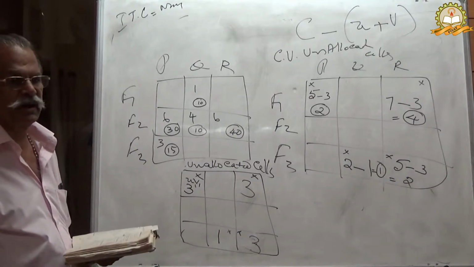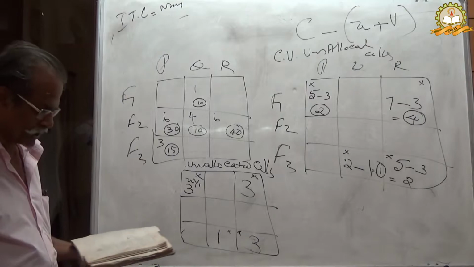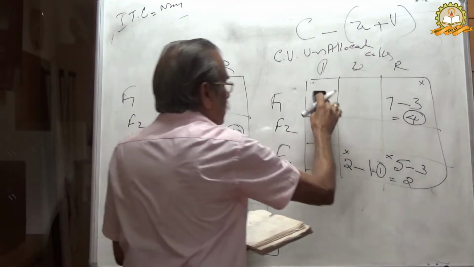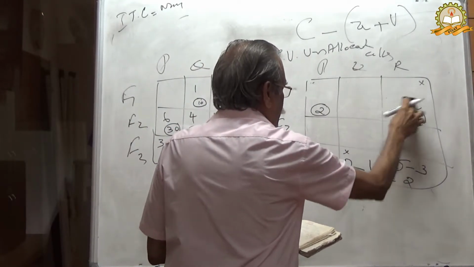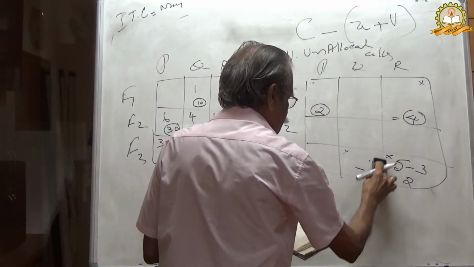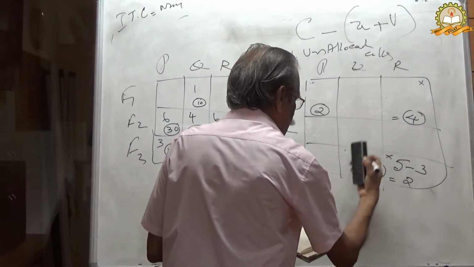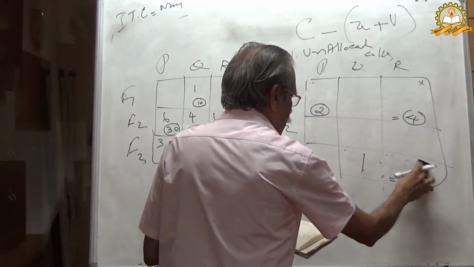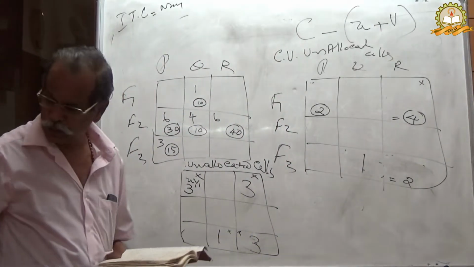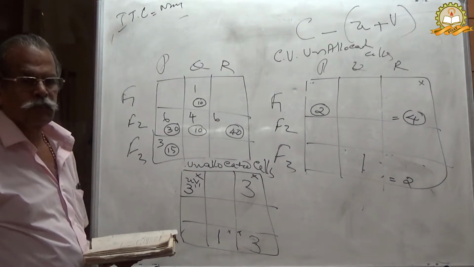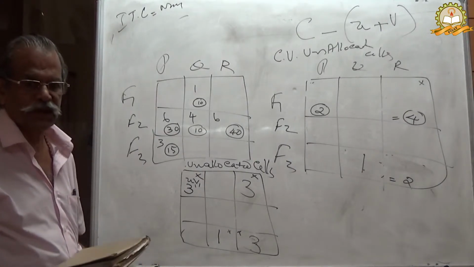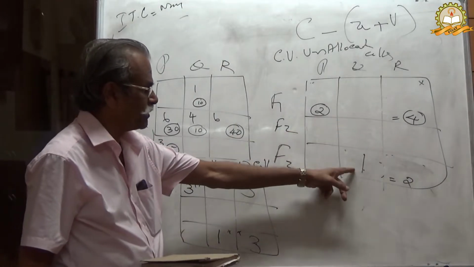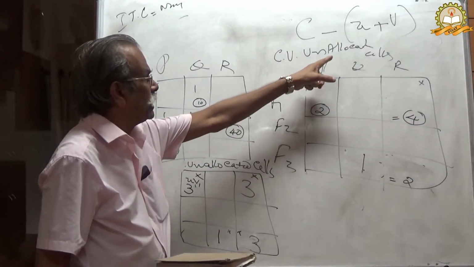Therefore, from this we conclude the cell values for the unallocated cells are 2, 4, 1, 2.